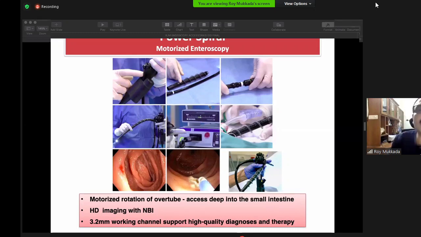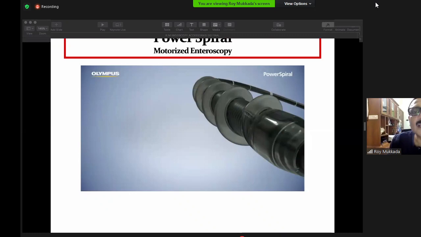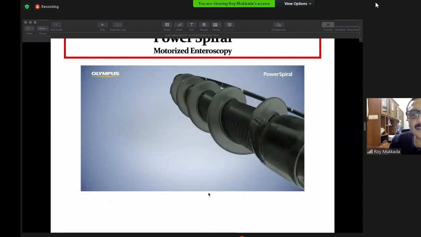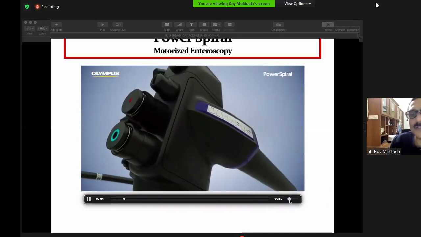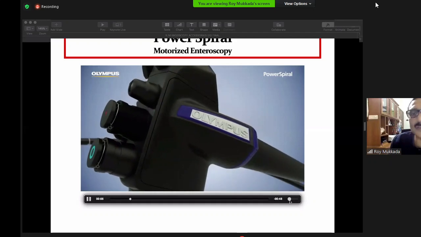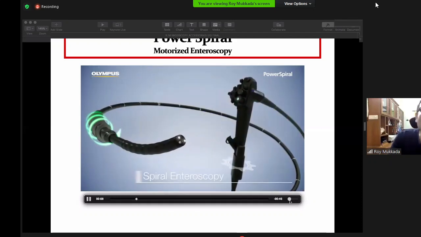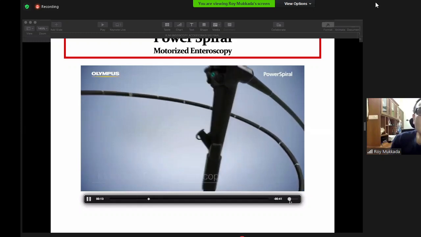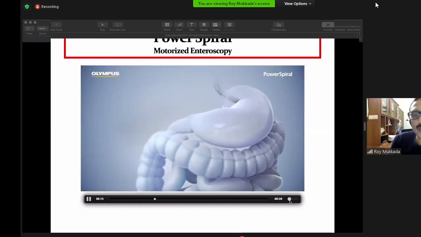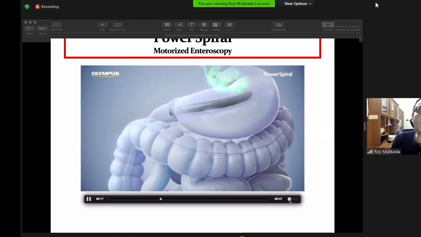So we can get high quality images, the next level in enteroscopy. Here is a video which shows how the power spiral goes. This is an attachment which is fixed to the enteroscope, and it automatically drives when you apply the switch.